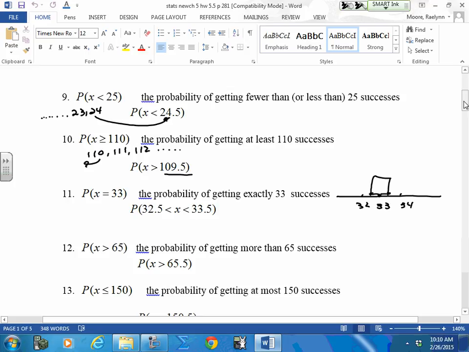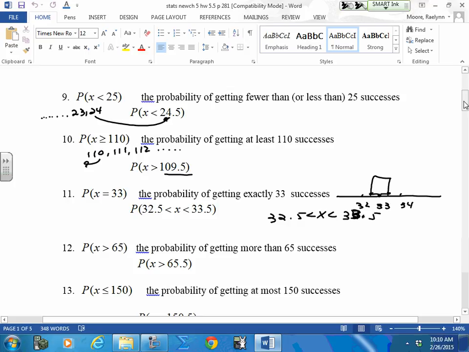So now that's the area under my curve I'm going to find. So I take this and I make it 32.5 and 34.5, and I put my x in the middle. Oh, sorry, 33.5. So 33 falls between 32.5 and 34.5. Yes. So when we do this in a problem in a few minutes, you'll see that we use this with your in-betweens.